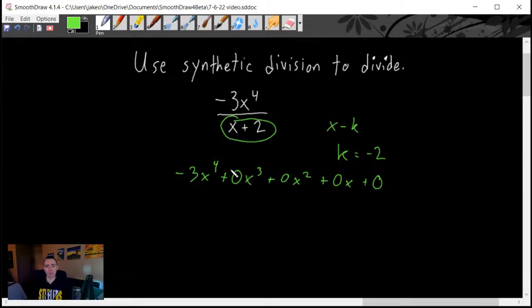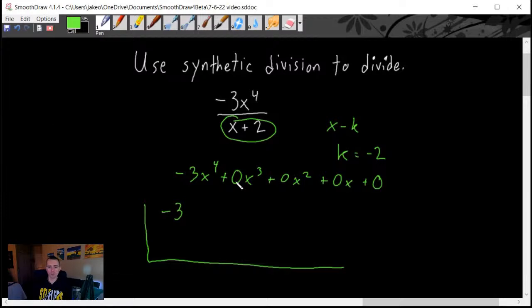So make sure that when you write your synthetic division bracket here, whatever your highest power x is goes to the farthest left. And then make sure you have enough zeros, or enough terms in general, to get you down to your constant number being added or subtracted at the end. In this case, that's a bunch of zeros, but you do need to have those because they hold the correct place so that we can figure out what those other terms would be.